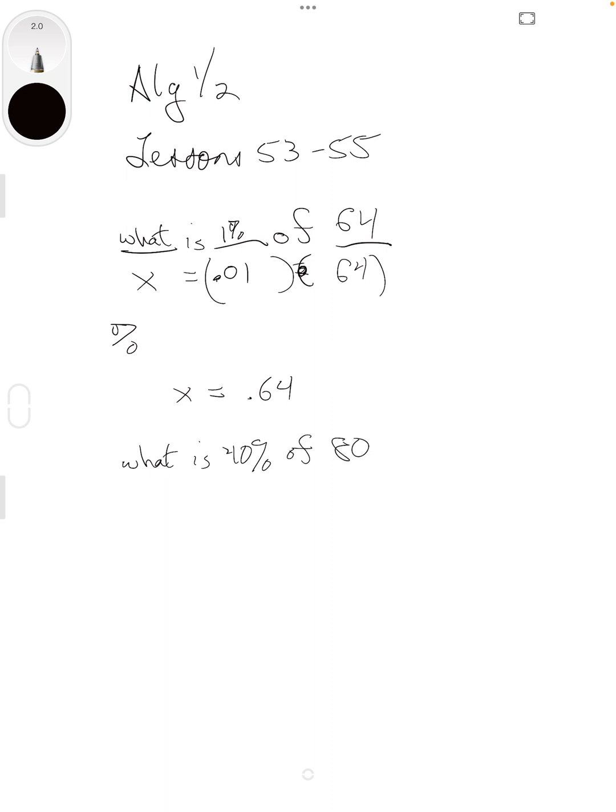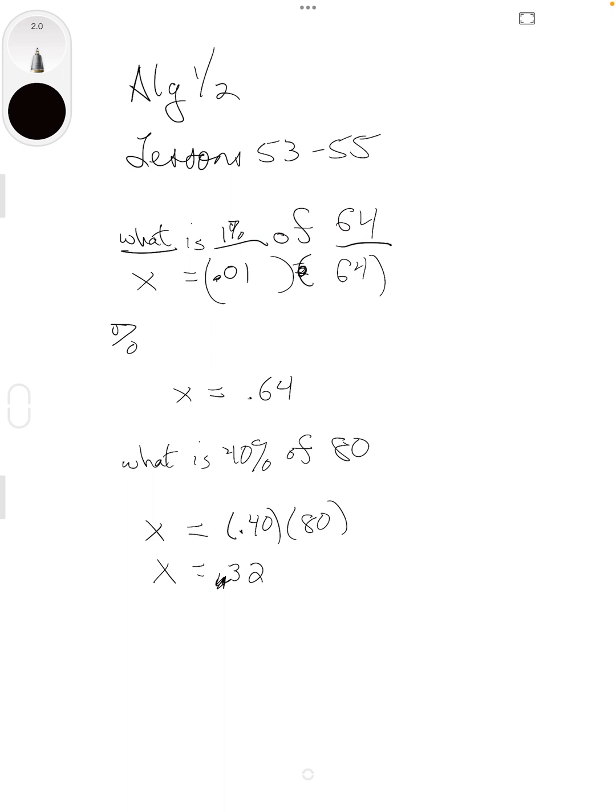Okay, again, X equals, just change your percent into decimals, of means times, and you end up with 4 times 8 is 32. So the answer is 32 is 40% of 80. 0.4 times 80 is 32. X equals 32. And that's the answer.